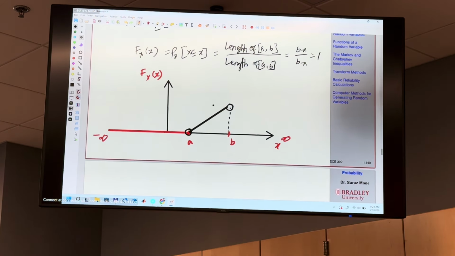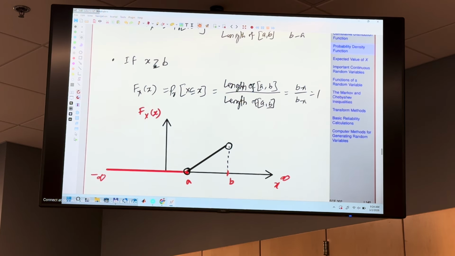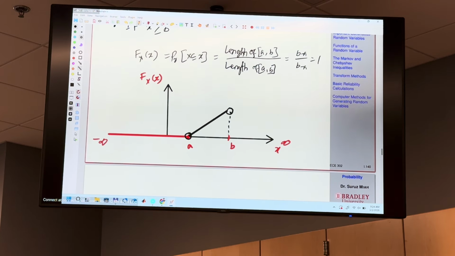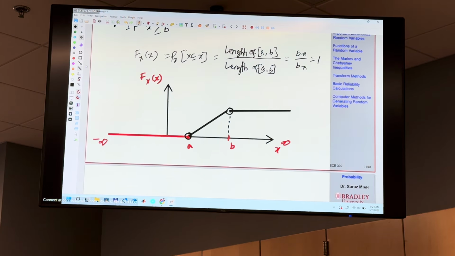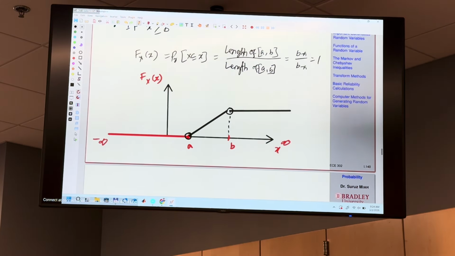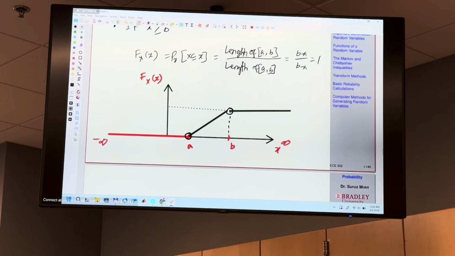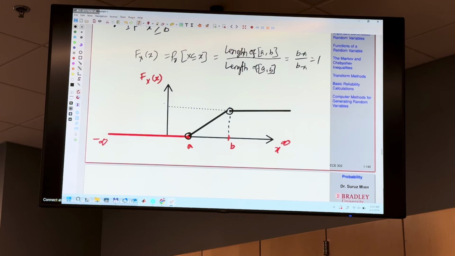And then after that, when x is greater than or equal to b, this point is your 1.